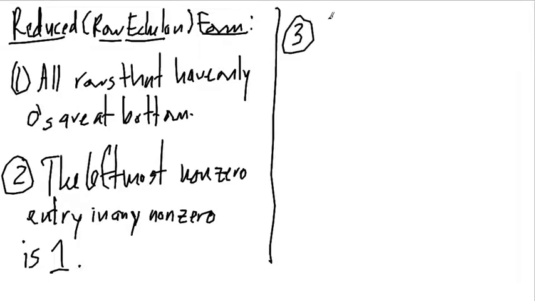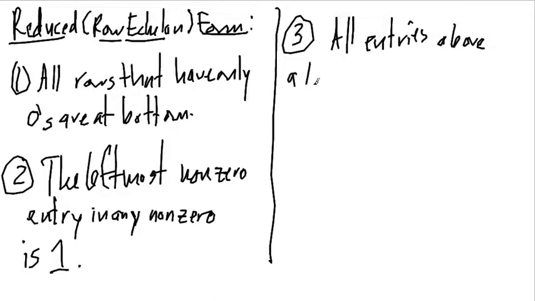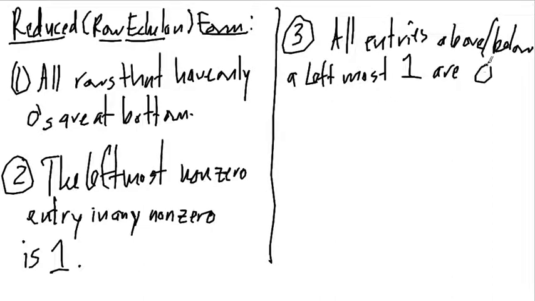Number three, all entries above and below a leftmost 1 are 0.